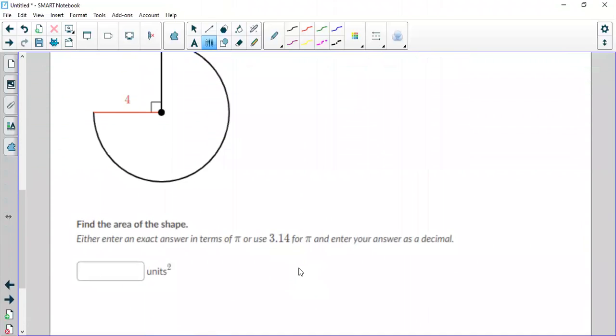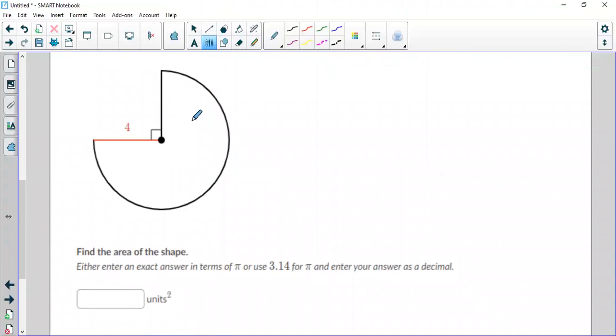That circle is now cut into, how much of the circle is that? Would you say that that is 3/4 of the circle? So here they give me a measurement right here. This measurement 4, that goes from the edge to the middle. That's a radius.